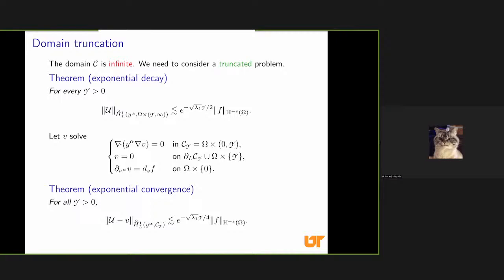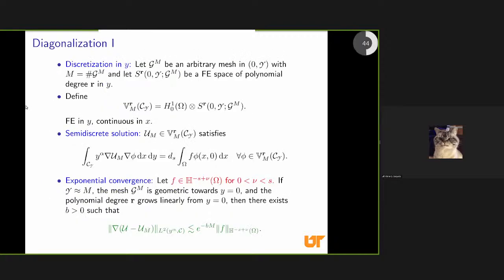It turns out that that's not a bad idea, because the error that you commit in doing that is exponentially small in terms of this chopping parameter, capital Y. That is the first step. Now we're dealing with an elliptic problem on a bounded domain. You can do whatever you want there. What we want to do is take advantage of the geometry of that domain, namely that it is a cylinder. So it's a Cartesian product. And so we're going to first discretize only in the extended direction.